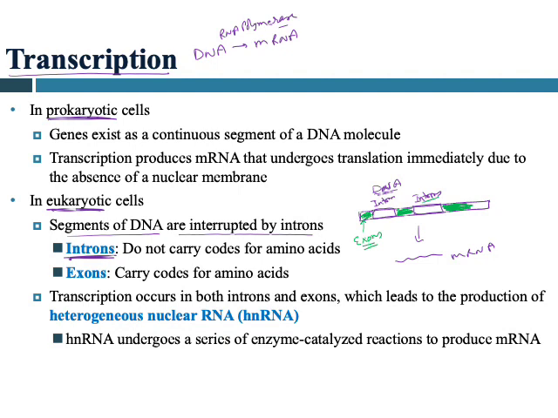Introns don't carry any information. It's like waste material present in the DNA. When you copy DNA information in the form of mRNA, we don't want any introns. But DNA carries introns and exons that carry information. So when RNA polymerase copies this information from DNA to mRNA, it also copies the intron, which is not useful.